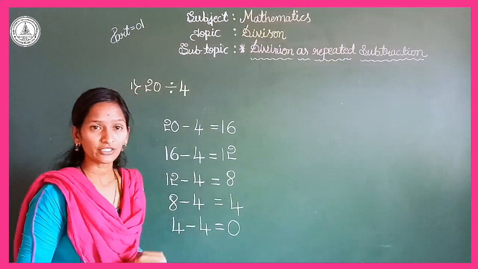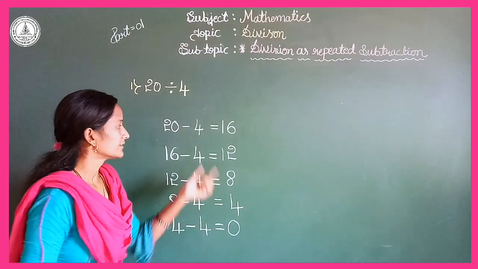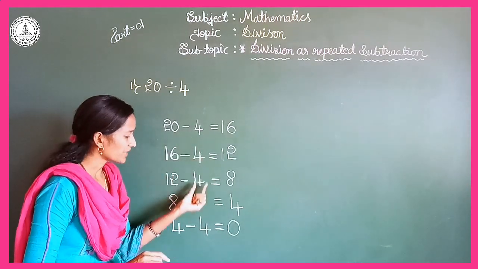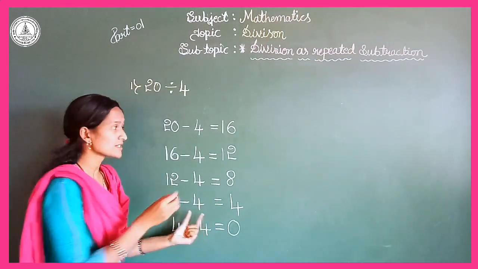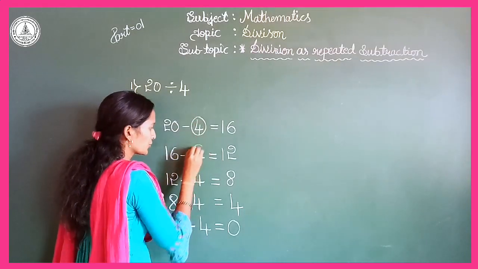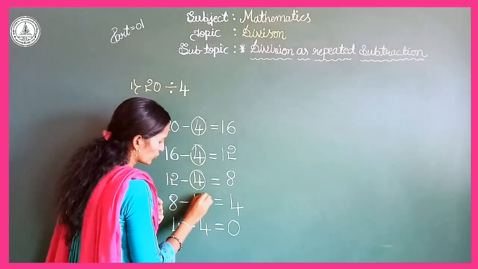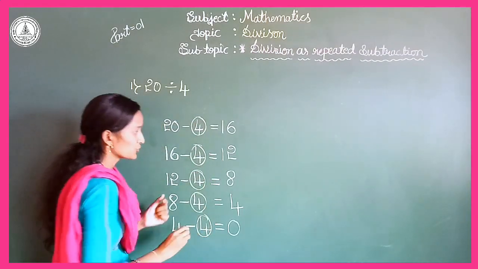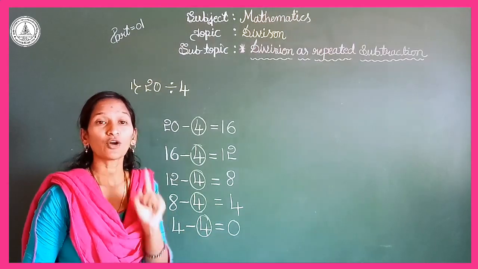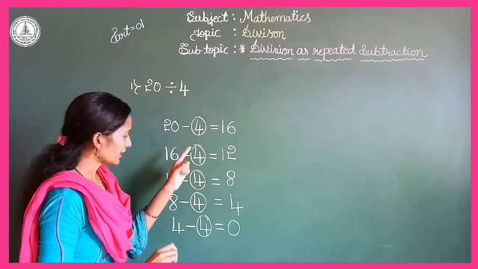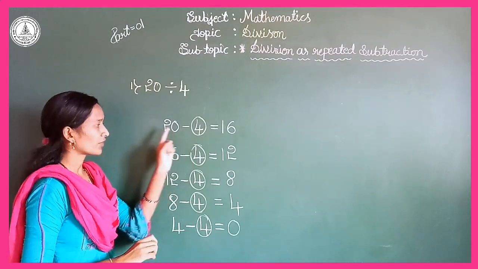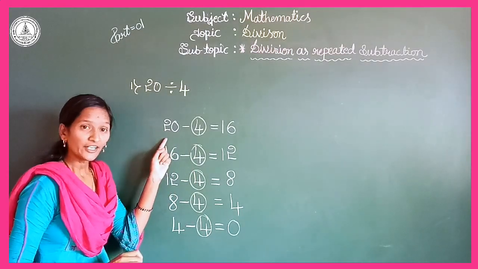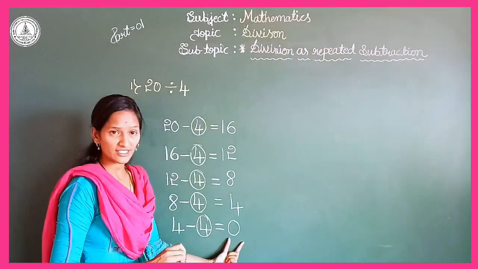So what do you observe here? Here the number 4 is subtracted how many times? See here, 1, 2, 3, 4, 5. So in this problem, the number 4 is subtracted 5 times from 20 and we get 0 at last.